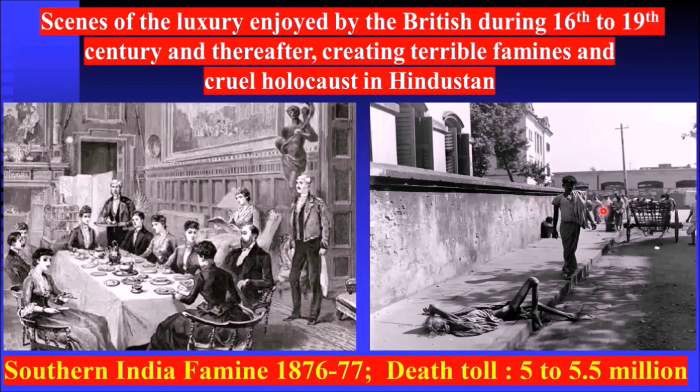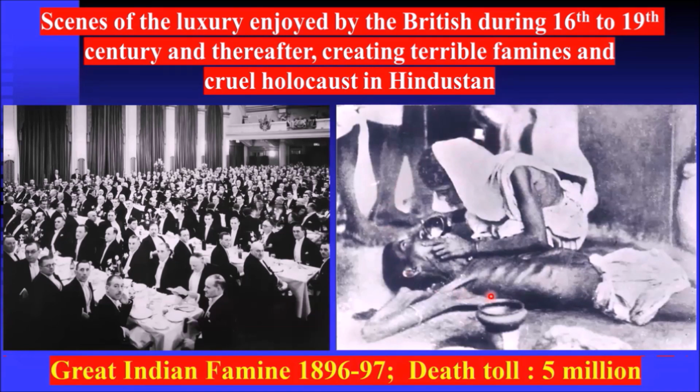Here again is another scene of the Southern India famine of 1876. Please watch these terrible scenes and at the same time the luxury enjoyed by those who looted, who plundered the wealth and well-being of these people who were dying in the streets.